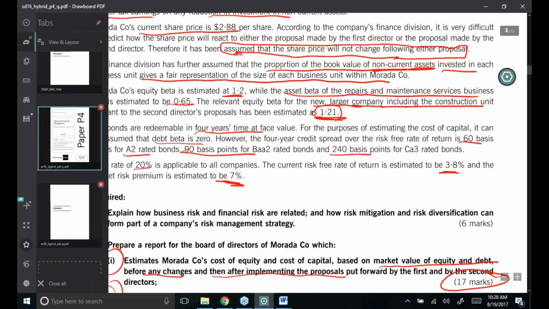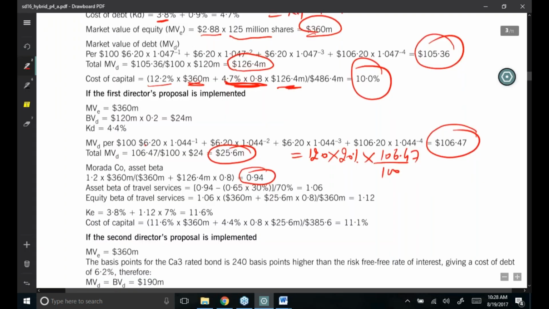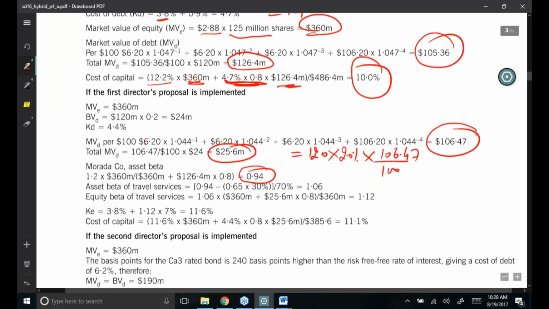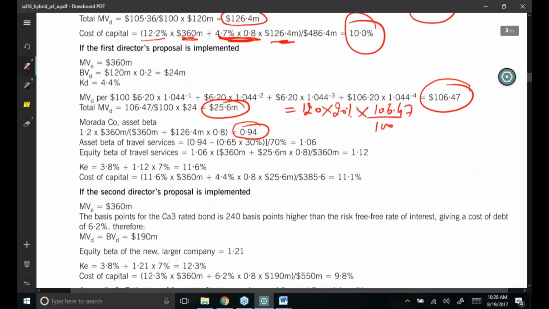If we move to the answer, asset beta of travel we have calculated as 1.06. Re-gear it with the new gearing, equity beta is 1.12, cost of equity is 11.6, and by putting this cost of equity and KD, the cost of capital is 11.1%.